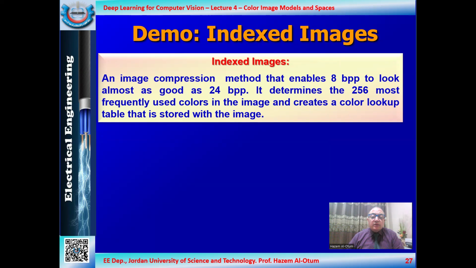Having an image with true color, 24 bits, I can represent this image by taking only the most frequently used colors, the colors that have the highest probability of occurrence. So the pixels are repeated in this image. We try to get the highest repetition in the image and select the highest 256 color repetitions.